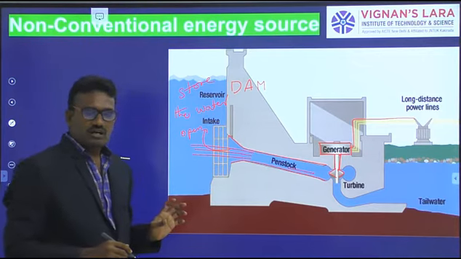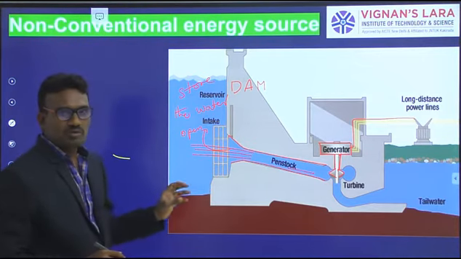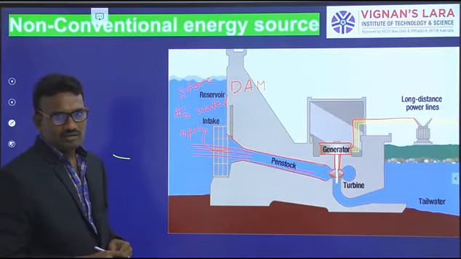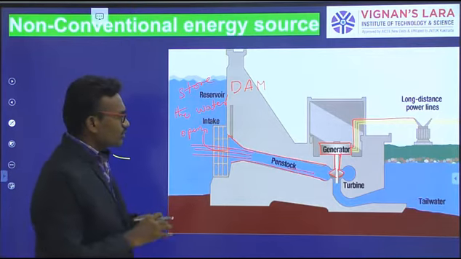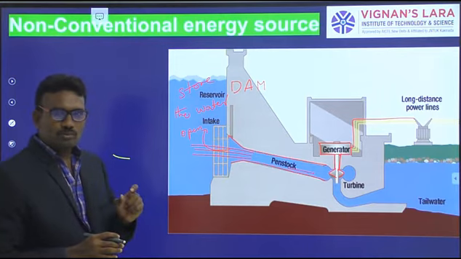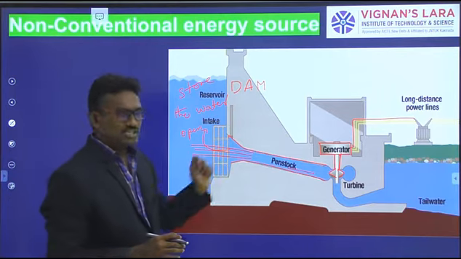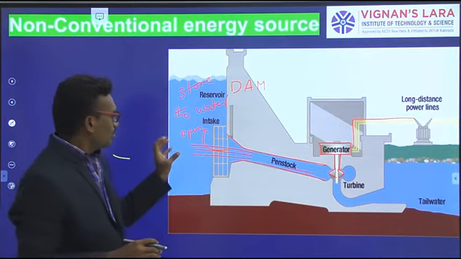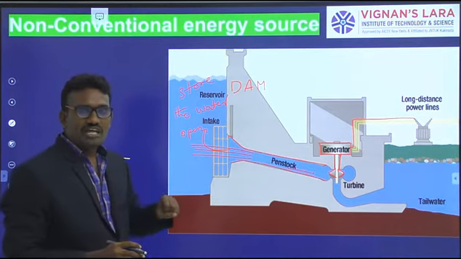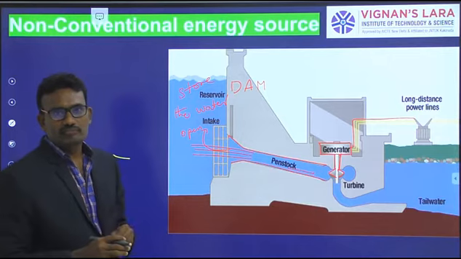This is the working of a hydropower plant. In this working process, the most important parts are the penstock pipe and the moving water, which has a very high velocity.